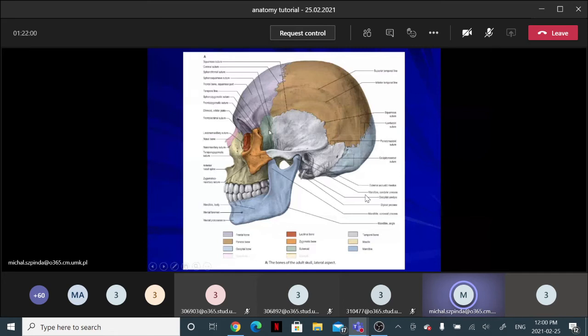We have here 4 bones and a very conspicuous suture that resembles the letter H. Just here, a capital letter H. Just its transverse part refers to the sphenoparietal suture.